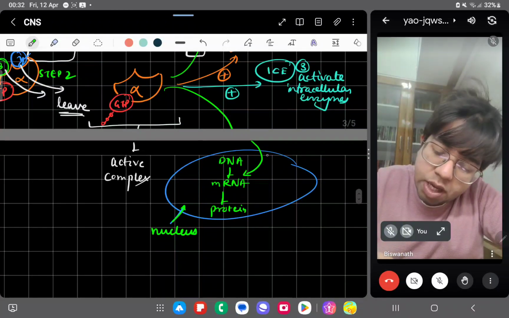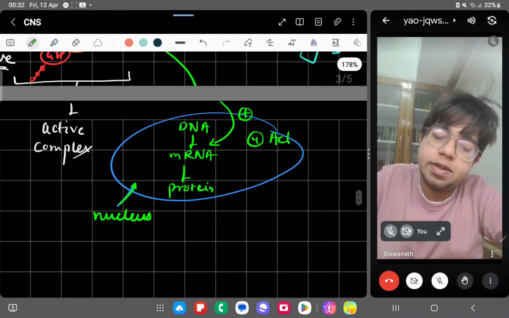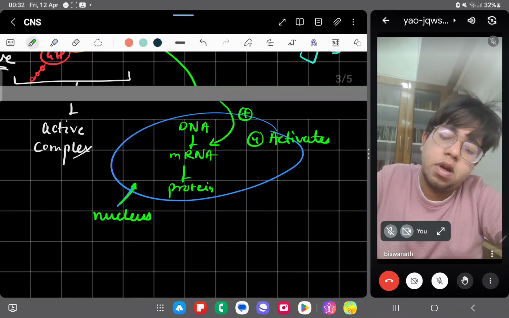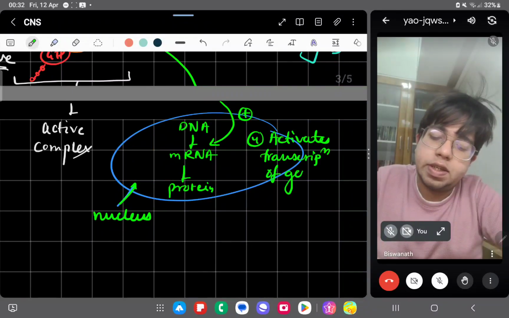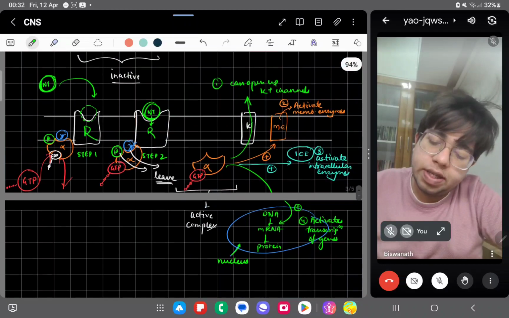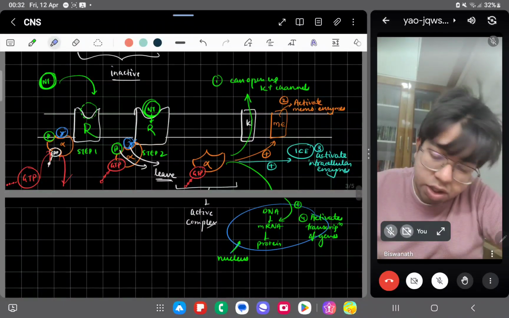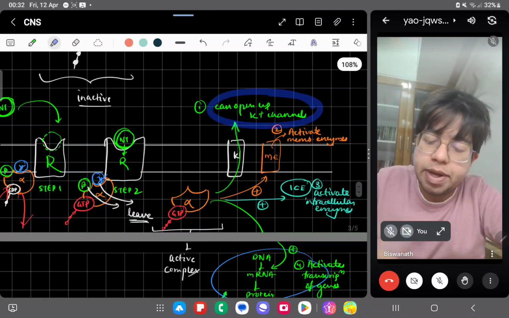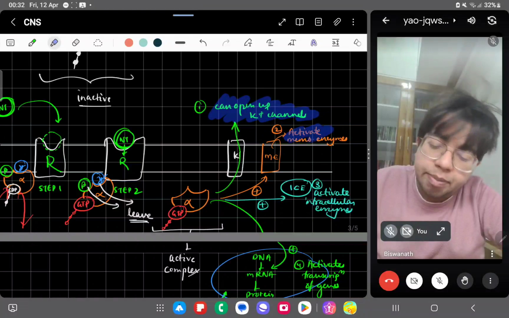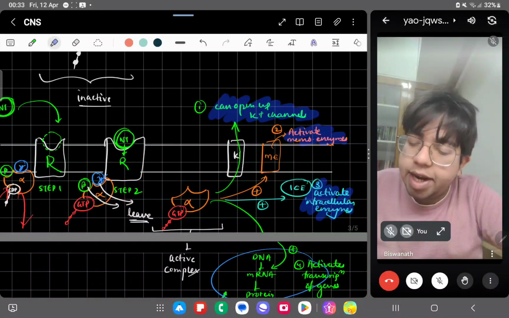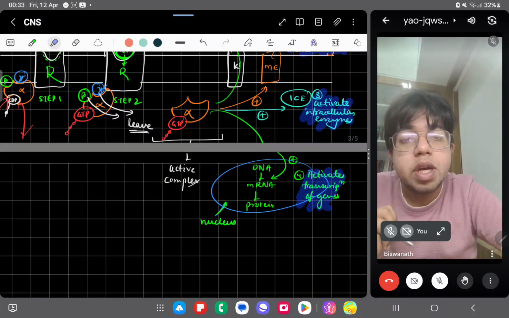Okay, can stimulate, or the fourth function will be activates transcription of genes, right? So this active G protein complex will have four functions, right? You understood the four functions? Can open up the calcium and K plus channels, may activate the membrane enzymes, can activate intracellular enzymes, and can activate the transcription of genes, right?